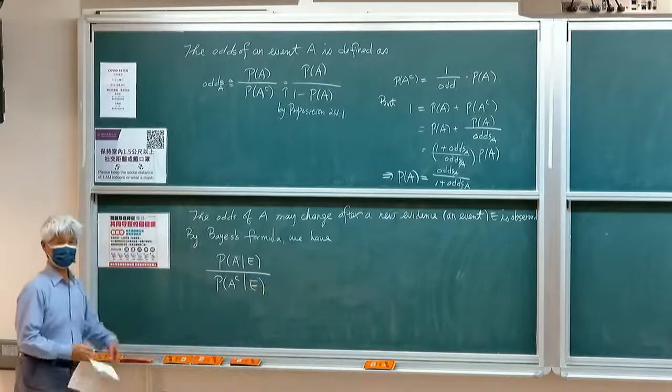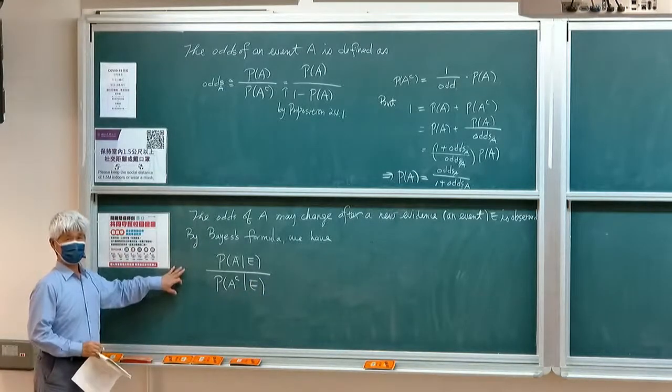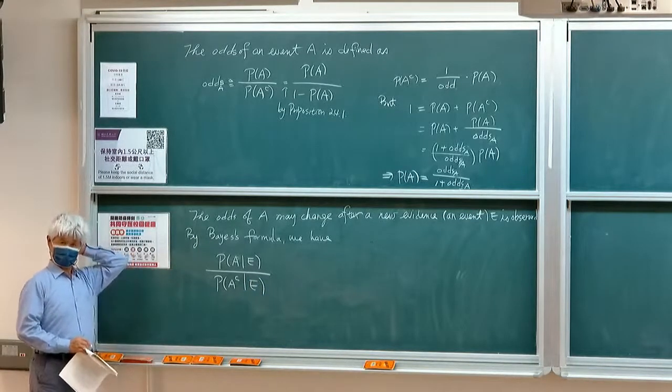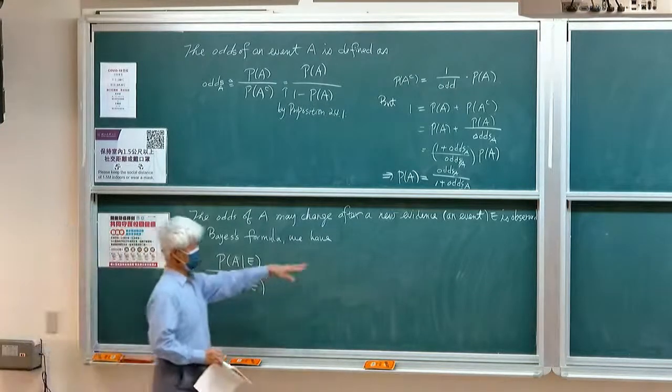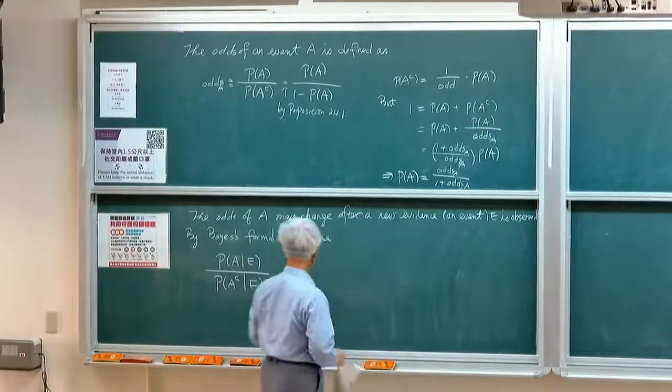So that is the new odds after a new evidence. Actually, a new event E is observed.